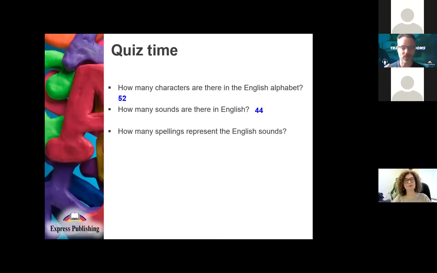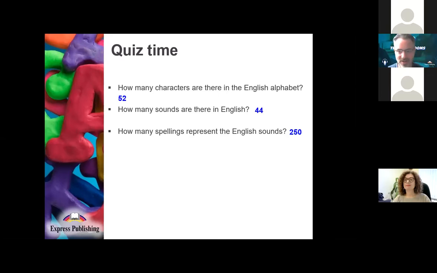Remembering that we're going to talk about this later, some sounds can be represented in more than one way. Several. In fact, there may be around 250 if you look at it. This is the answer that you get from linguists.